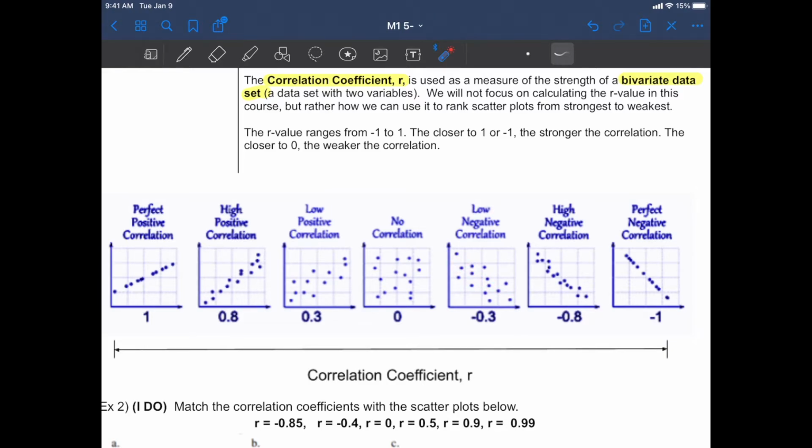And then the data points get closer and closer together as our R value becomes -0.8. And so this is a stronger negative correlation, or a high negative correlation. And lastly, if R is -1, that means all of those data points actually will fit on the line of best fit. And we call that a perfect negative correlation.